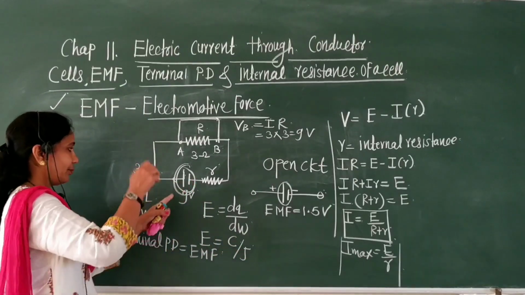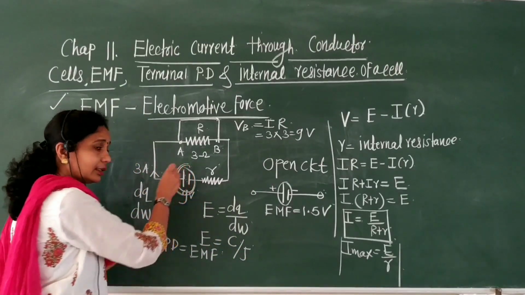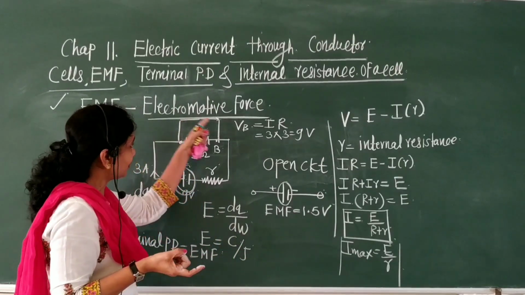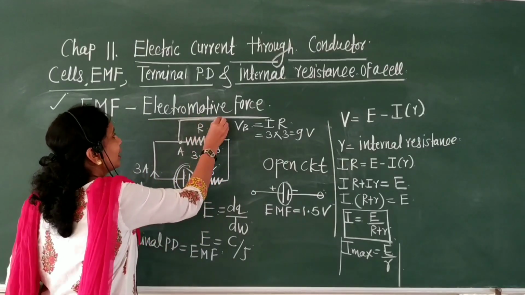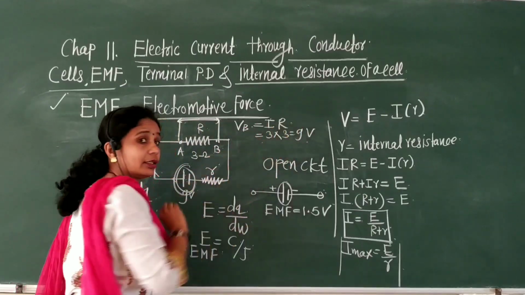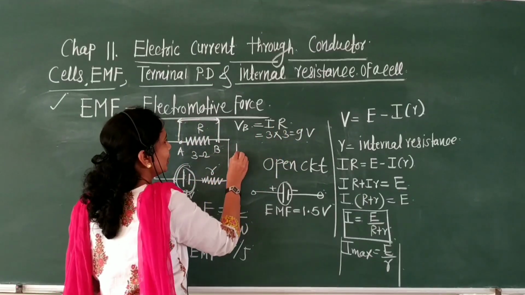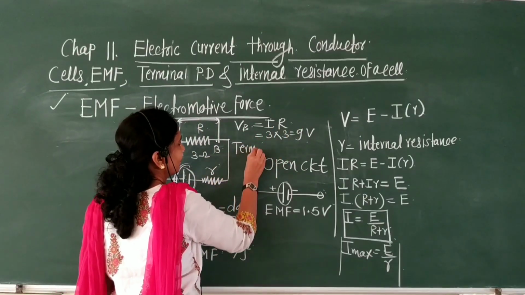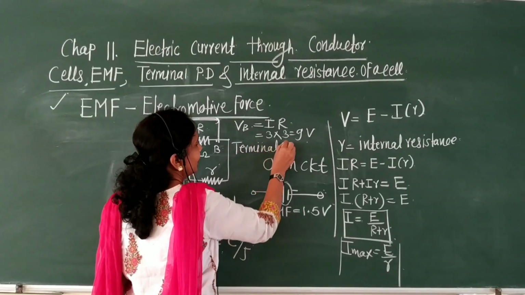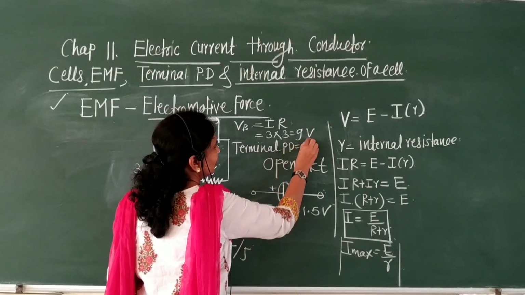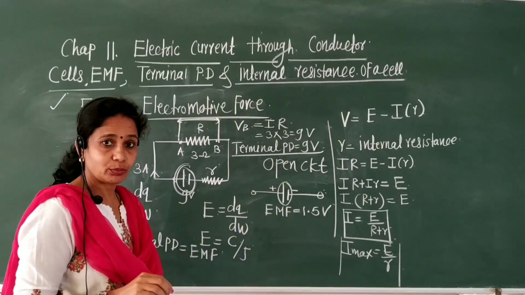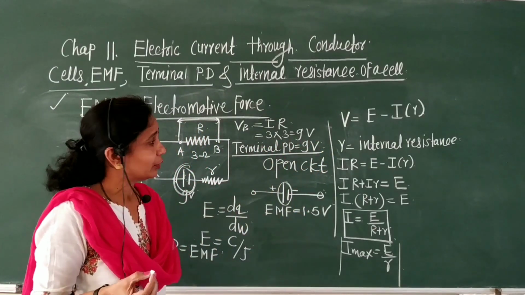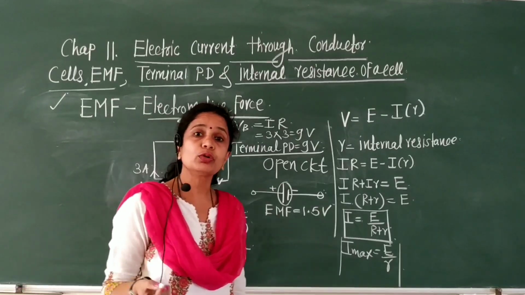In this way, see what we have done here: the battery cell is connected here, and the voltage across this is equal to the terminal PD. Therefore here the terminal PD is equal to 9 volt. Therefore, related to the terminal PD, there are two cases.